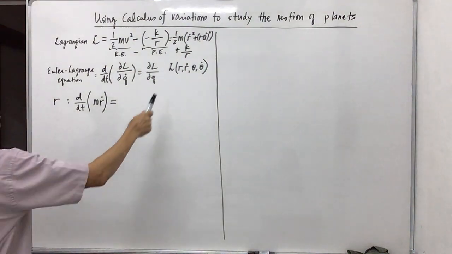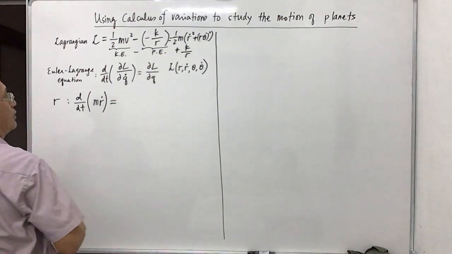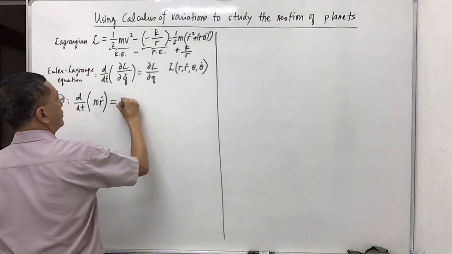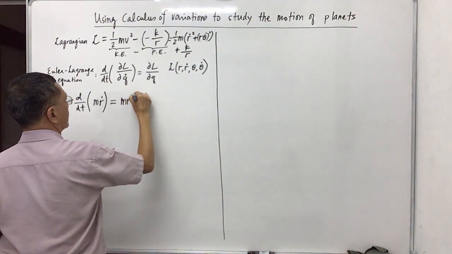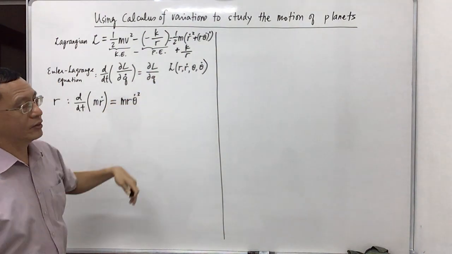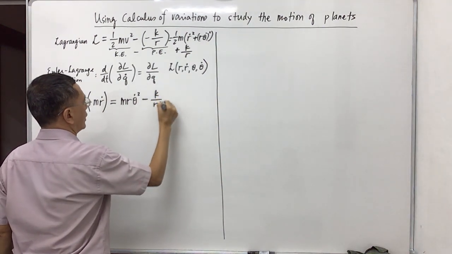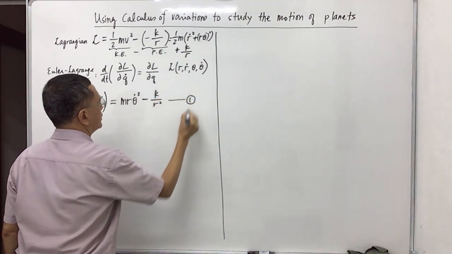We focus on differentiating the r squared here. We'll get a 2r multiplied by the half m outside, so I'll get m r theta dot squared. Now this expression here, k over r, when we differentiate that with respect to r, will give me minus k over r squared. Let's call this our first equation.